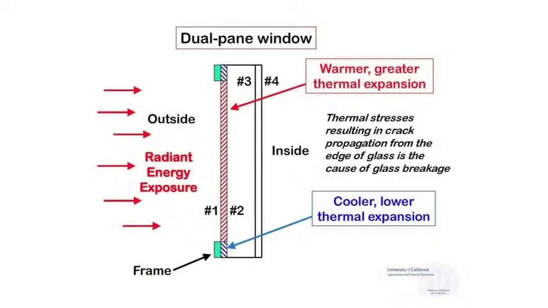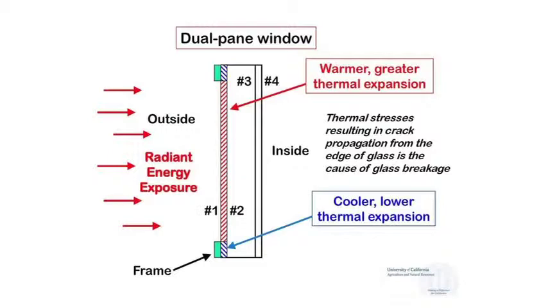So this is how glass breaks in a window. If you think of the green part here as the frame material, and the red dashed line as the glass part of the window, and then there's some sort of heat exposure out, beyond the window.